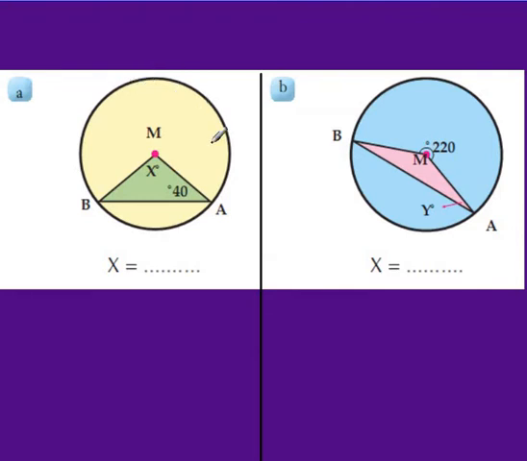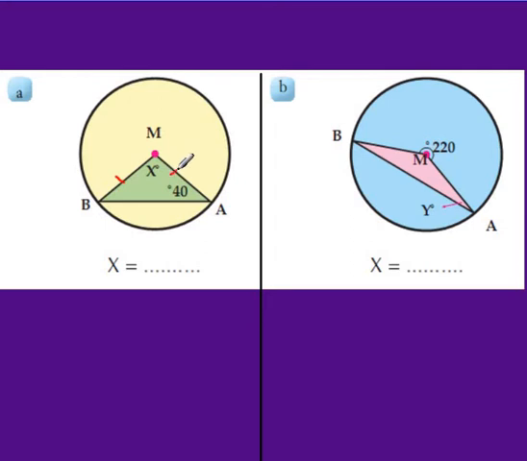Look at this example. Circle M, MA and MB are 2 radii, then they are equal in length. In this case, triangle MAB is isosceles triangle. Then the two base angles are equal in measure.